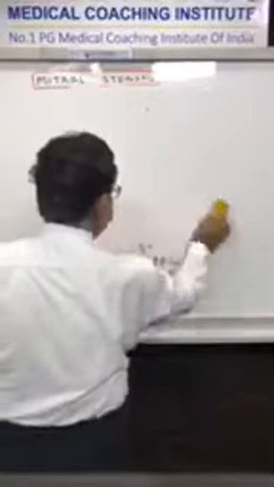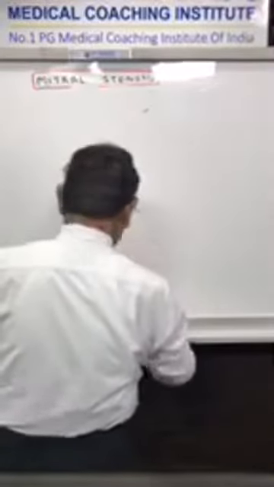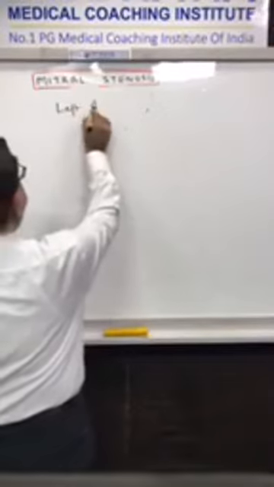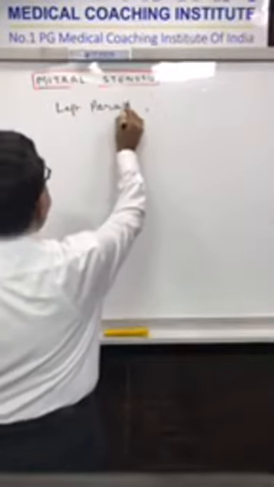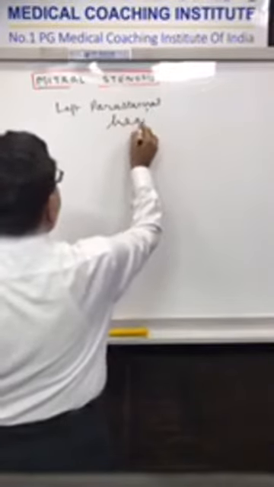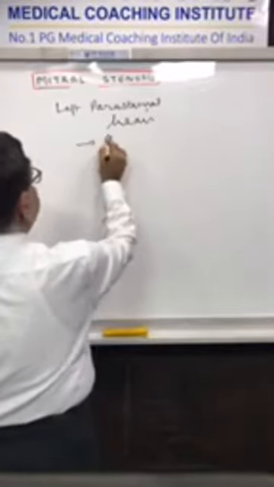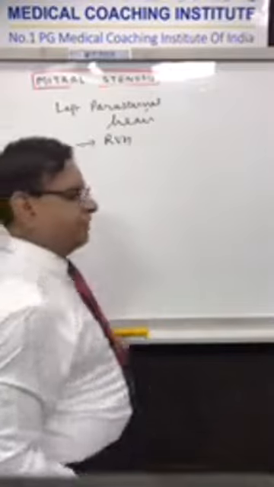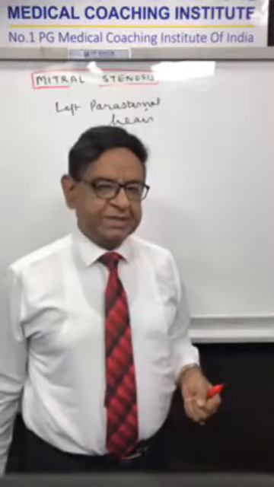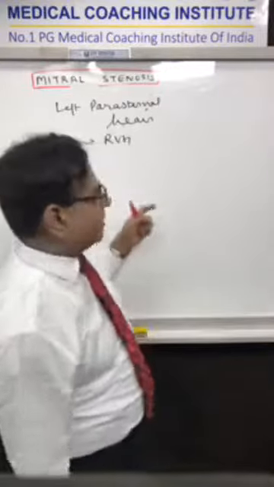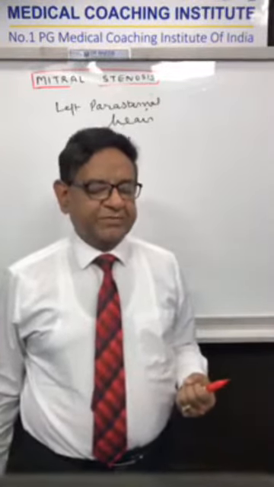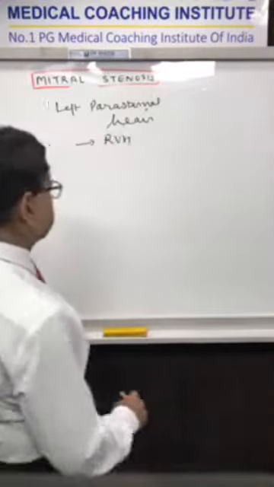You get a left parasternal heave. Why? Because in these patients, right ventricle hypertrophy occurs, again due to pulmonary arterial hypertension. Patients start developing right ventricle hypertrophy, and that comes as a left parasternal heave.